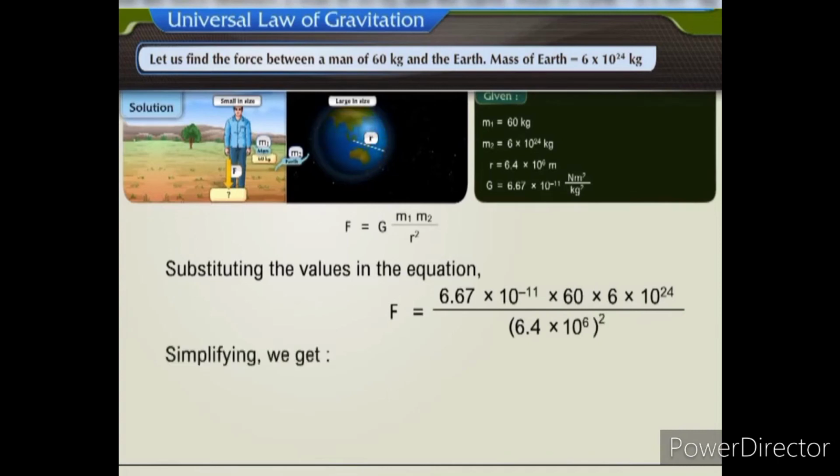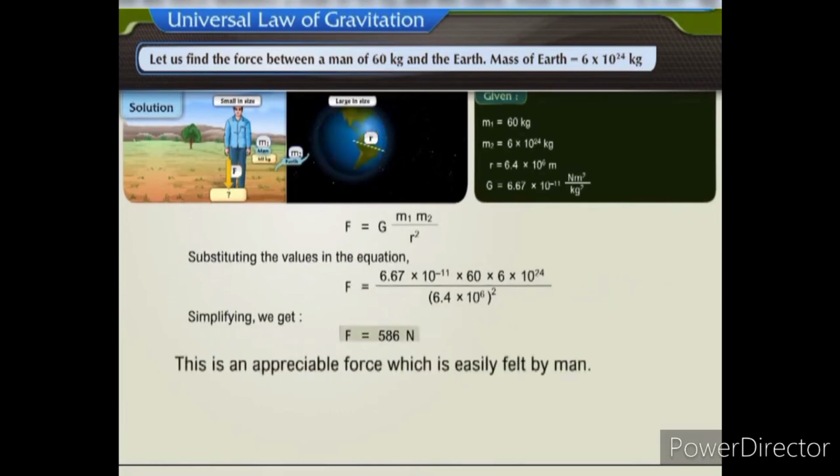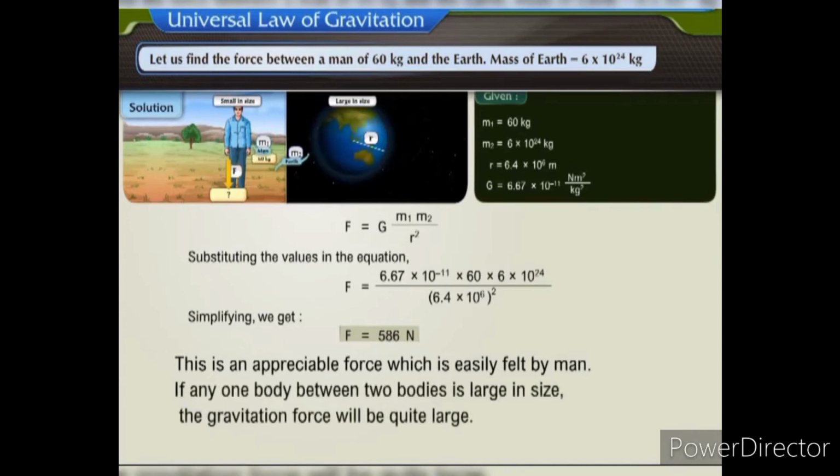Simplifying, we get F is equal to 586 Newton. This is an appreciable force which is easily felt by man. Thus, if any one body between two bodies is large in size, the gravitational force will be quite large.